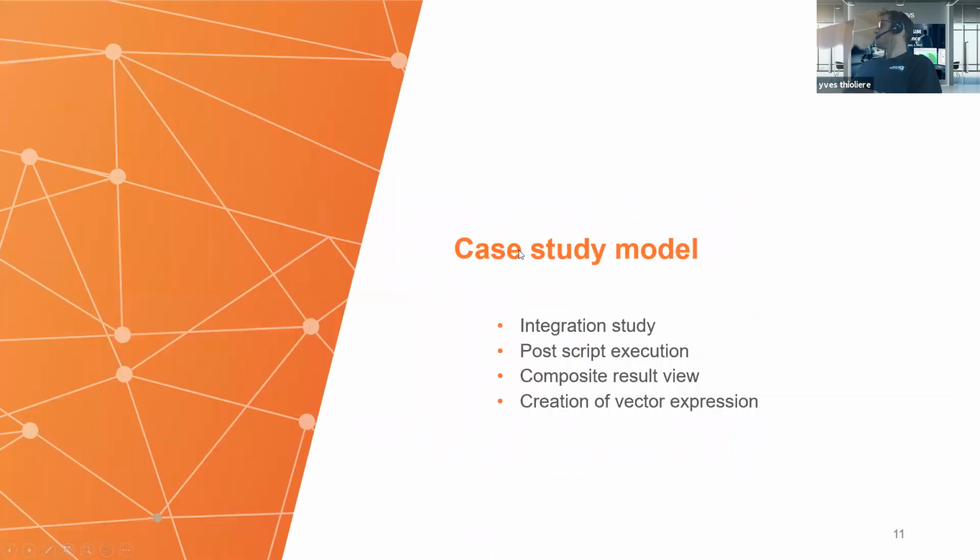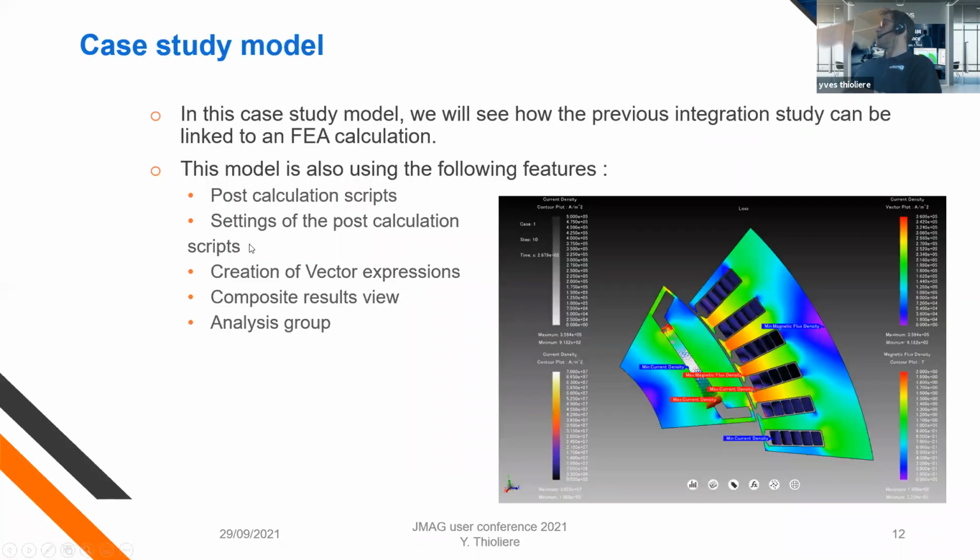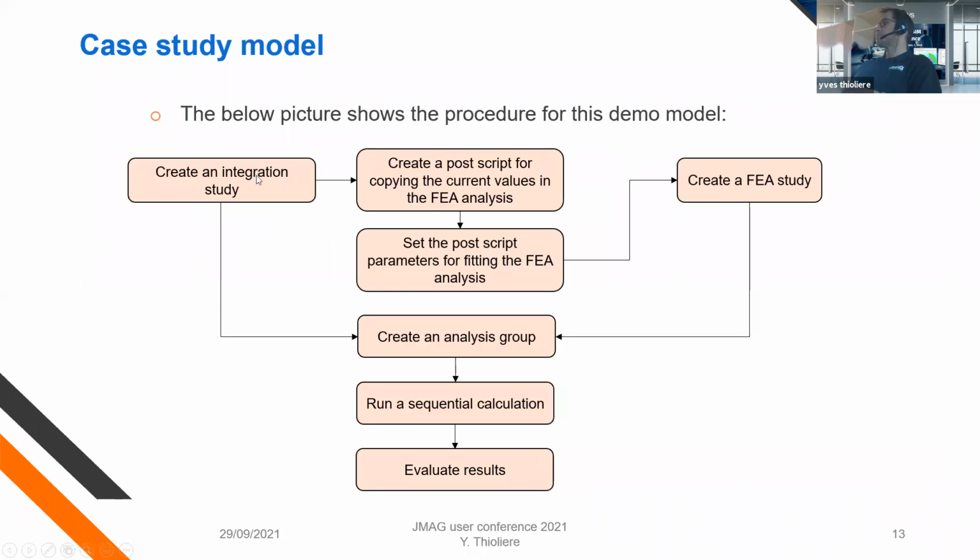I would like to go now to this a bit more complex model. Still, integration study is the topic. Okay, but I'm going to run some motor model with some FEA model. And I will highlight the post-calculating script, which is used in this calculation, and also some relatively new feature.